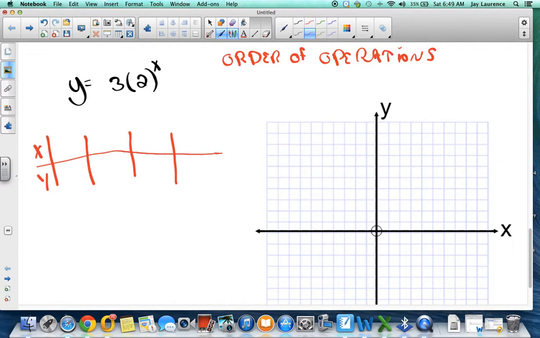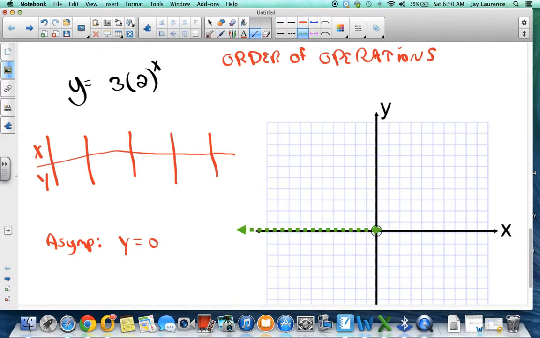In this problem, the asymptote is y equals 0, because there's nothing being added out here. So the asymptote is y equals 0. It's the x-axis. And so I can put a broken line there.